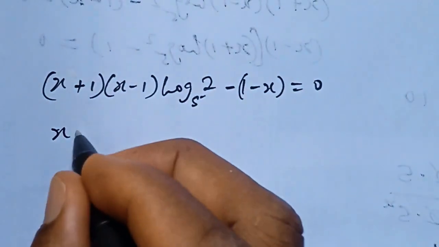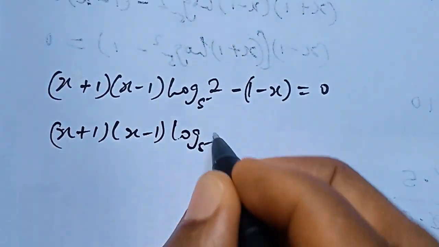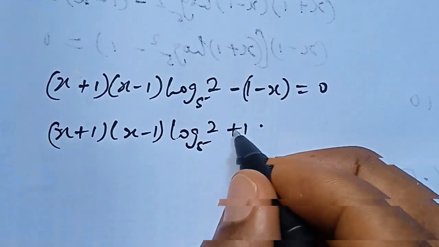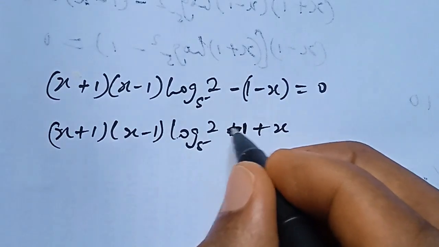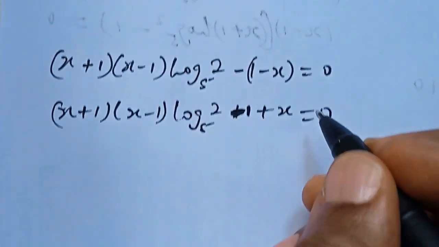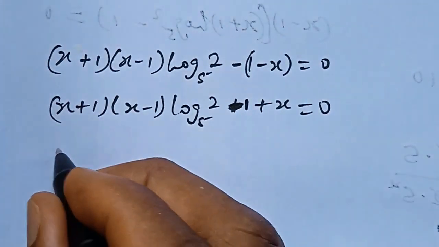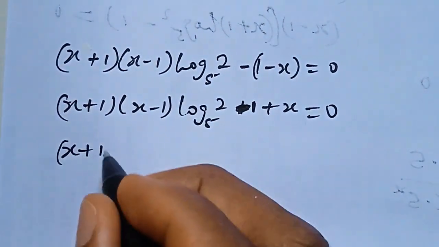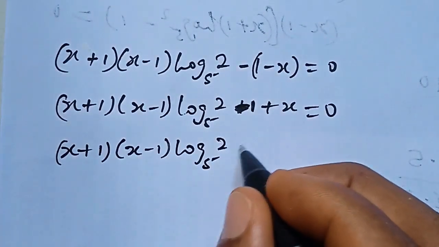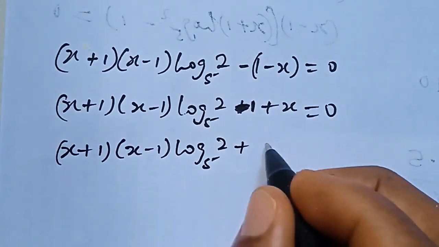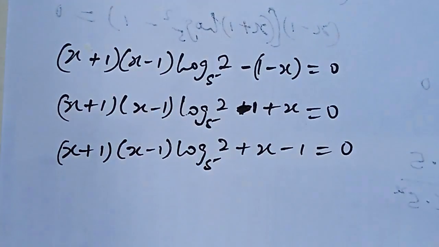So we have x plus 1 into bracket x minus 1 log of base 5 of 2, then minus 1, okay, plus x, equals 0. So from here we can then rewrite this as x plus 1, x minus 1 log base 5 of 2, then plus x minus 1, all equal to 0.